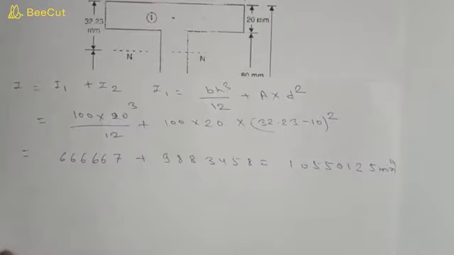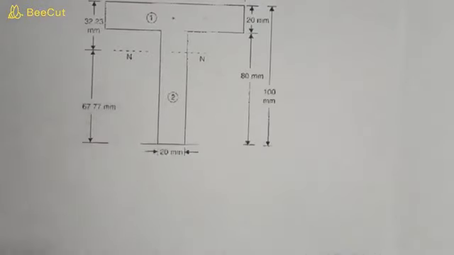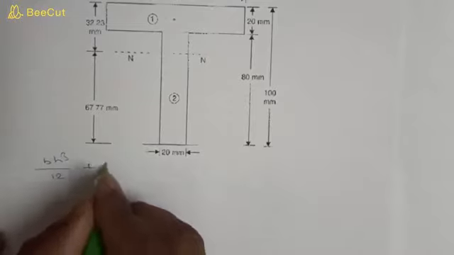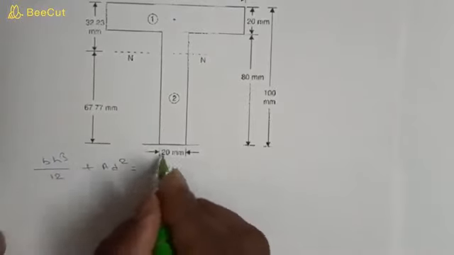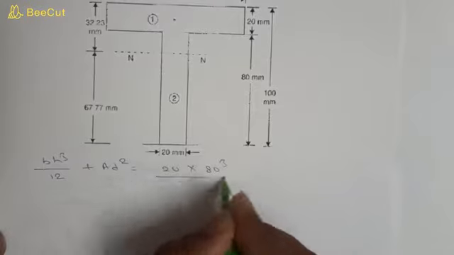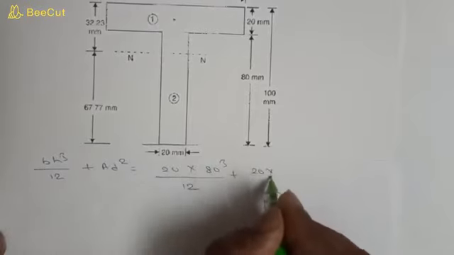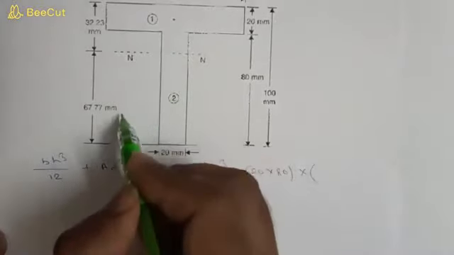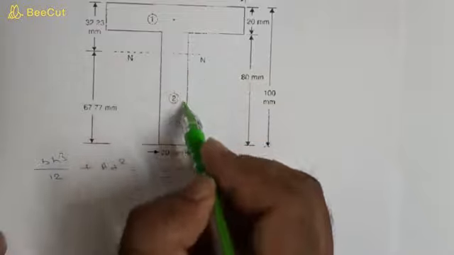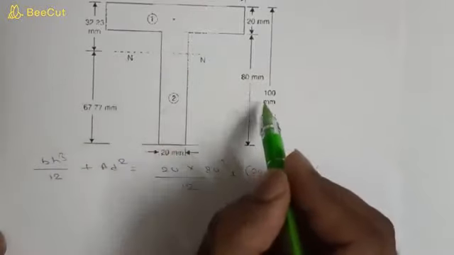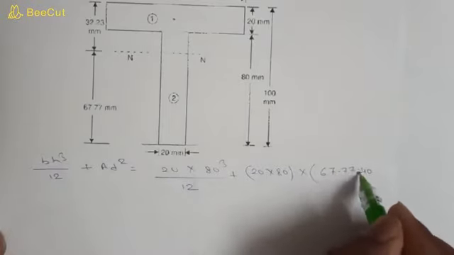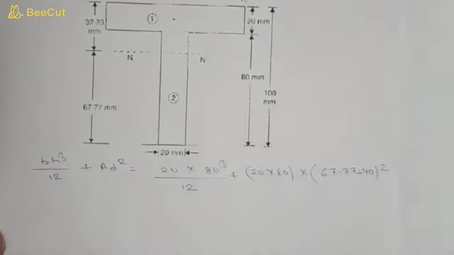Now we will calculate moment of inertia I2 for this section 2. So we will get BH cube by 12 plus A d squared. Here B is 20 into H is 80 cubed divided by 12 plus area, which is 20 into 80, into the distance from the neutral axis. Its centroid will be at 80 by 2, means 40, so 67.77 minus 40, squared.